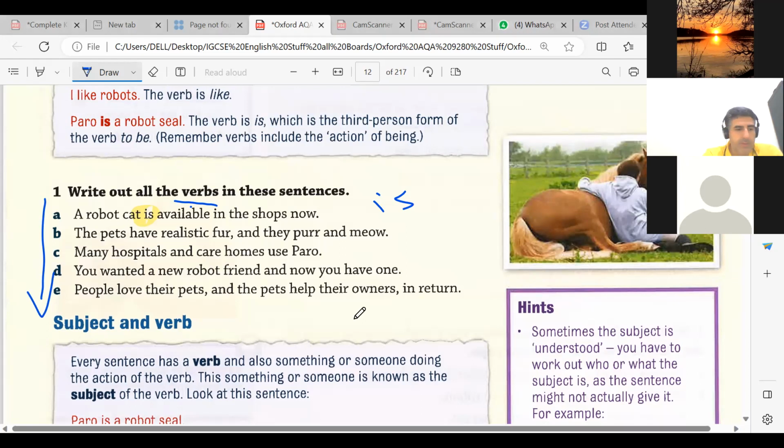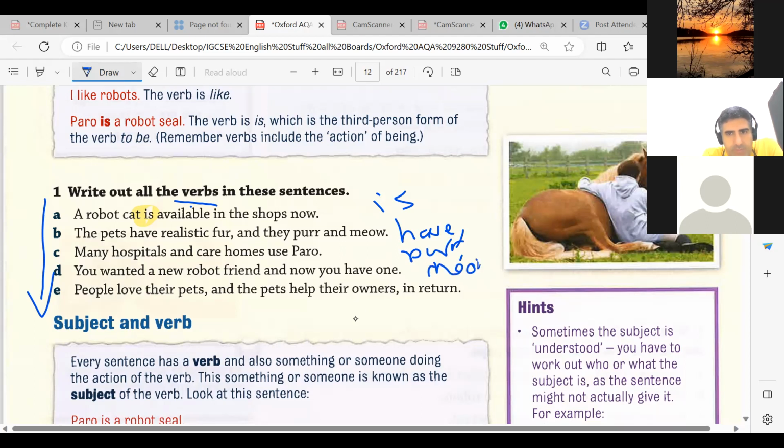Right. Number two, what is the verb? We have three actually. First, what are they? Have. Yes, have. And pair. Pair, yes. And meow. Meow.